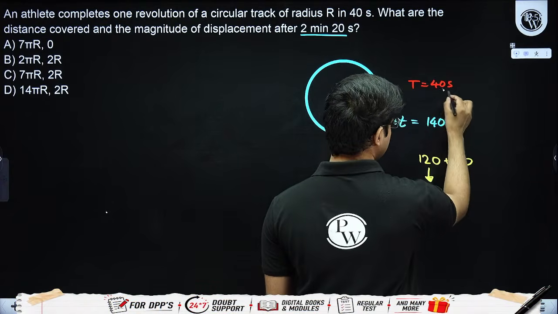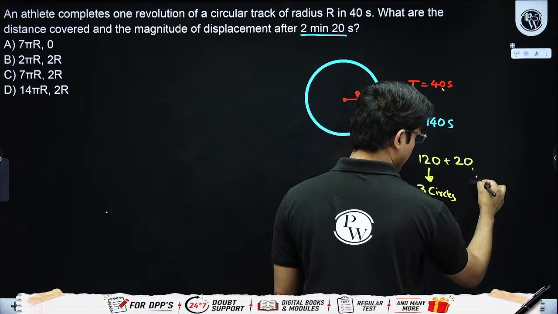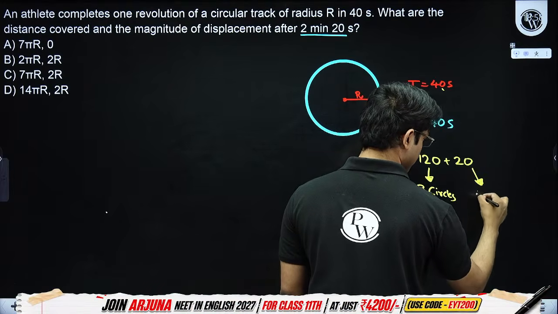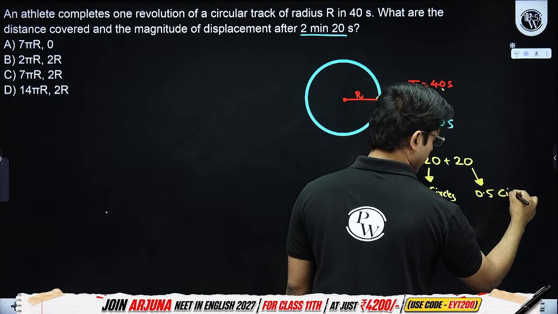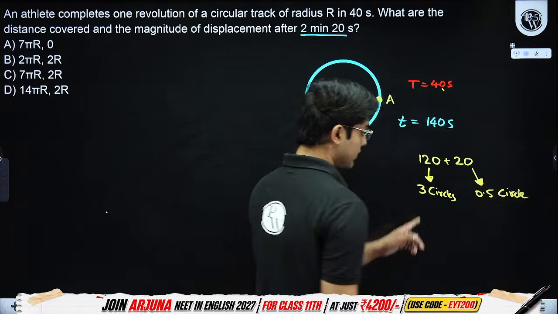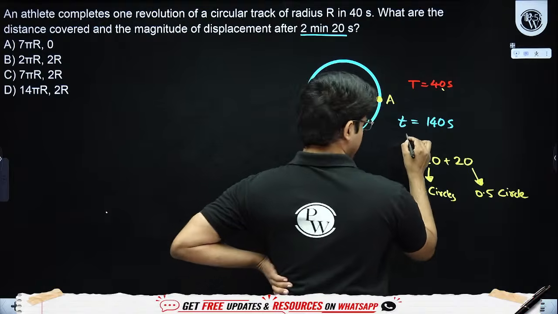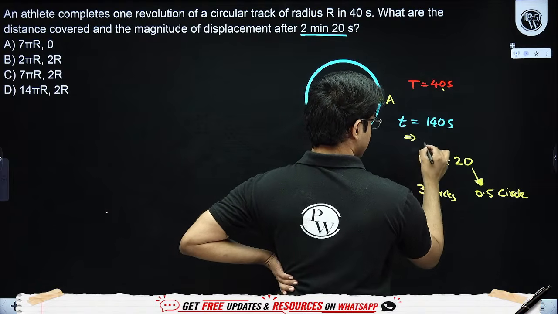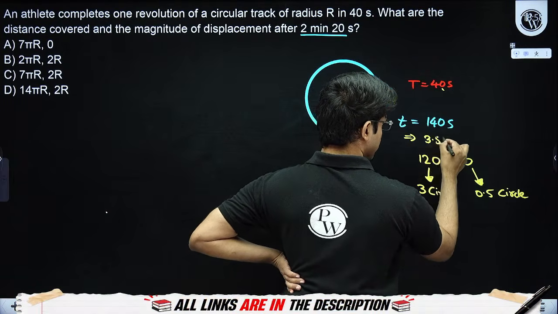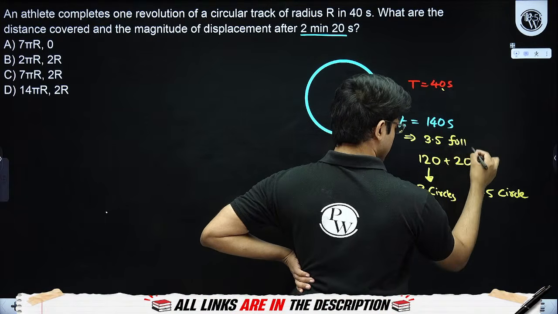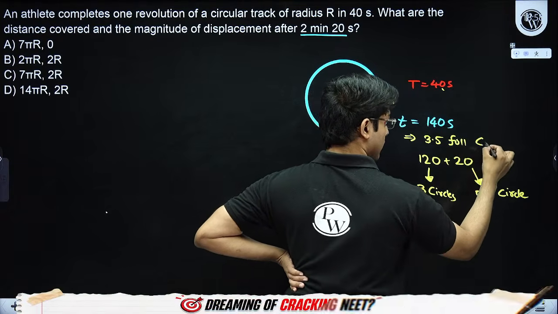So in 40 seconds, if he covers a full circle, in 20 he will cover half a circle. So in 140, how many circles does he cover? 3.5 circles. So in 140 seconds, this person covers 3.5 full circles.